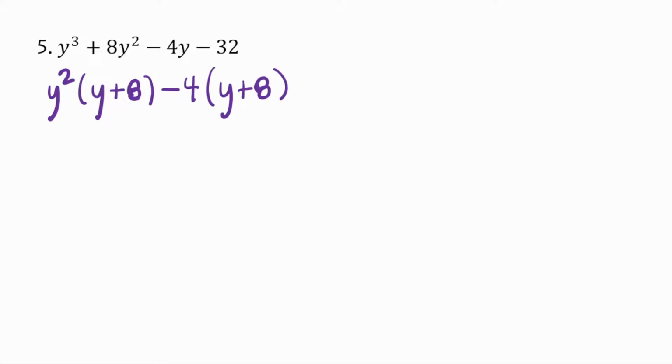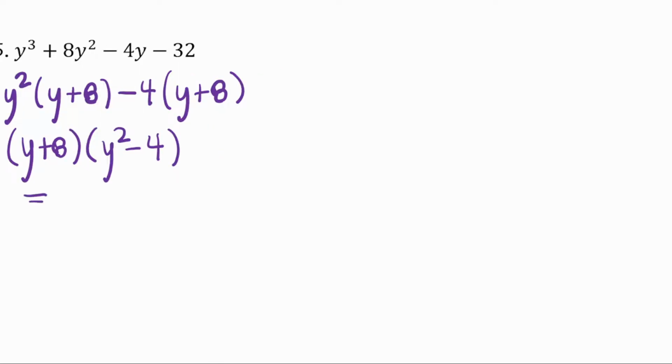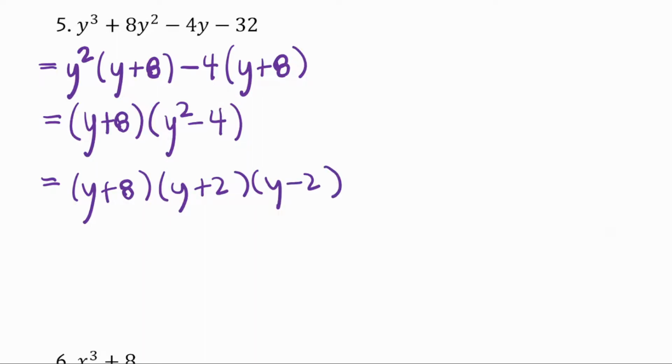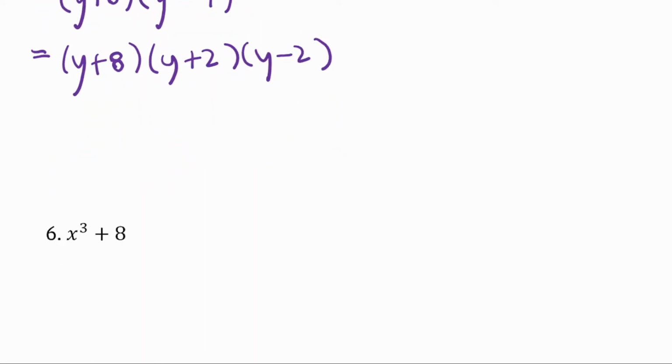And then again, I'll be left with y plus 8. That's a good sign. So that's y plus 8 multiplied by y squared minus 4, which is a difference of 2 squares. And yeah, that's fully factored.